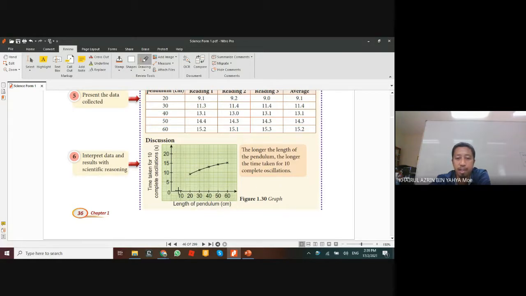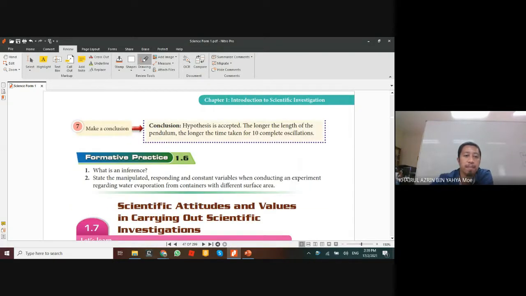The x-axis is the length of the pendulum in cm, and the y-axis is the time taken for 10 complete oscillations in seconds. Next. Number 7, make a conclusion. Conclusion: the hypothesis is accepted. So the longer the length of the pendulum, the longer the time taken for 10 complete oscillations.